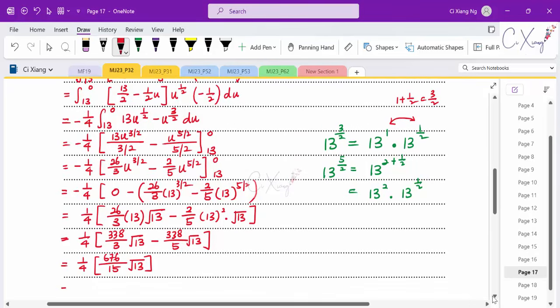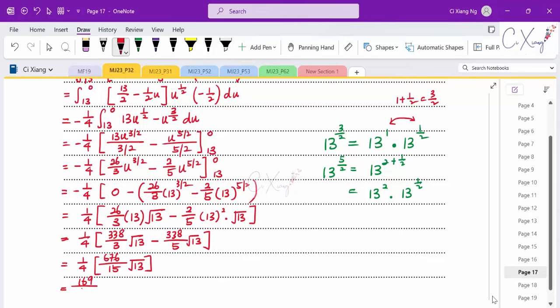Then after that, again multiply the fraction 1 over 4 with the value 676 over 15. Then you get 169 over 15 square root 13.